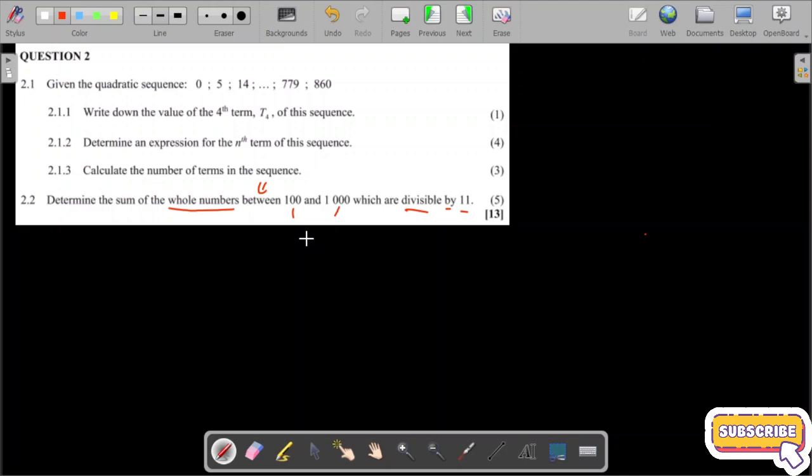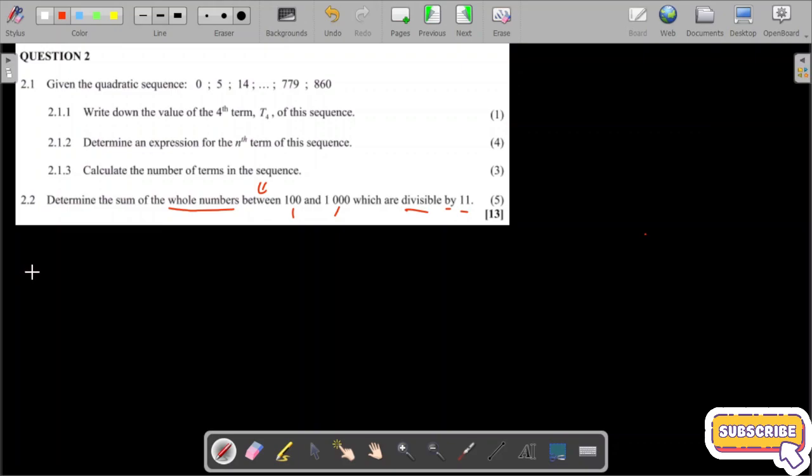This is a thinking question, because you need to think about which terms between 100 and 1,000 are divisible by 11. If you divide them by 11, they have to give you a whole number, a number that doesn't have a remainder, meaning it doesn't give you a fraction.